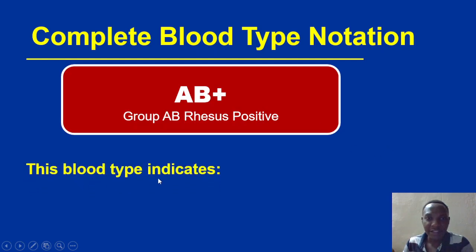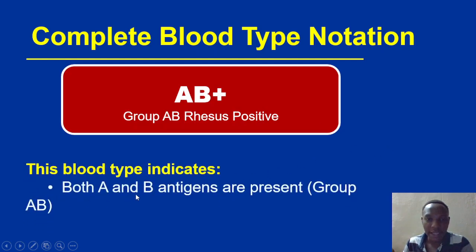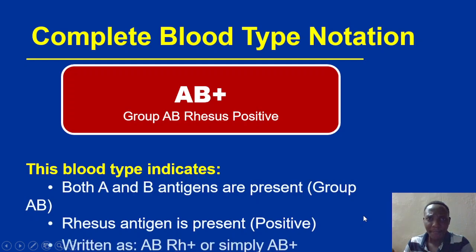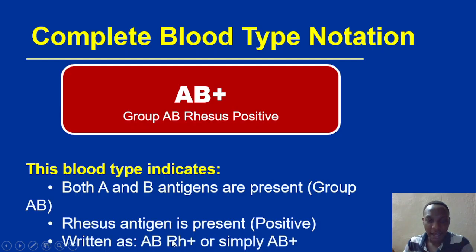This blood type indicates the following: both A and B antigens are present, so that's group AB, and the rhesus antigen is also present, that is, Rh positive. It is written as AB Rh positive or simply AB positive. I hope that's clear in terms of the complete blood group notation you can observe for a given individual.